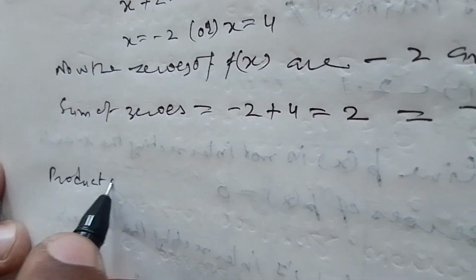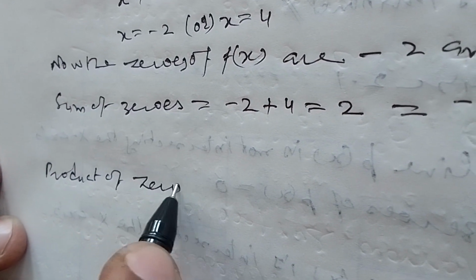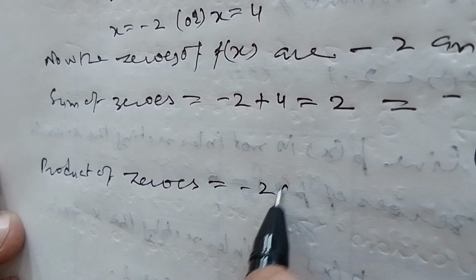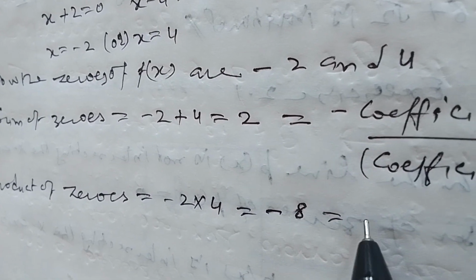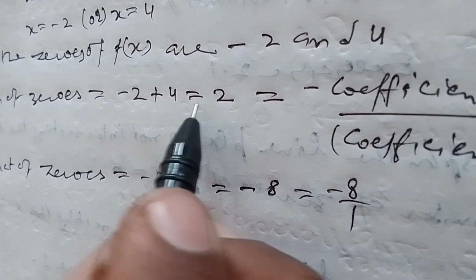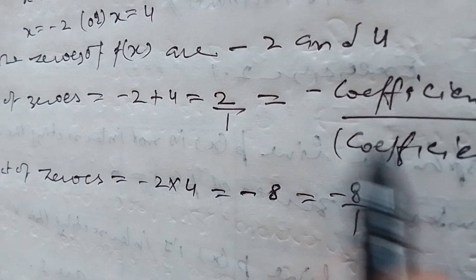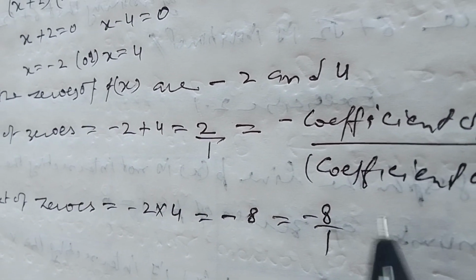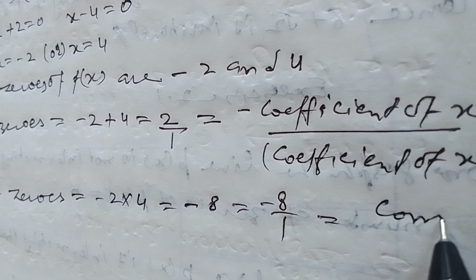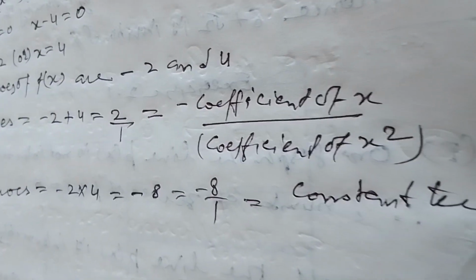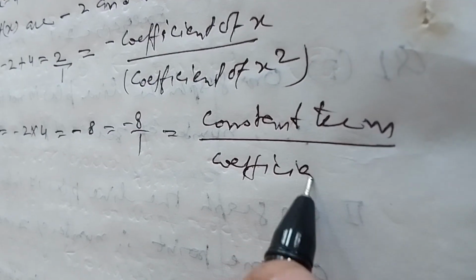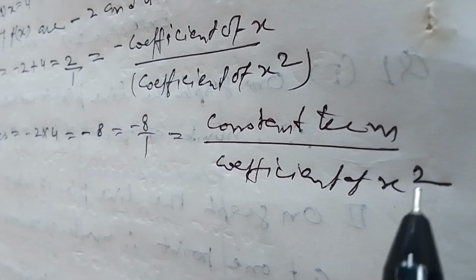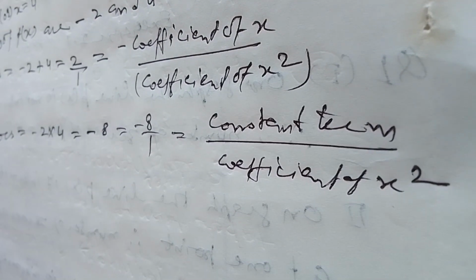Then product of zeros, that is minus 2 multiplied by 4, comes out to be minus 8, or it can be written as minus 8 divided by 1. Here the sum can be written as 2 by 1, so it can be written as constant term divided by coefficient of x square. So this is the solution of the first part of the first question.